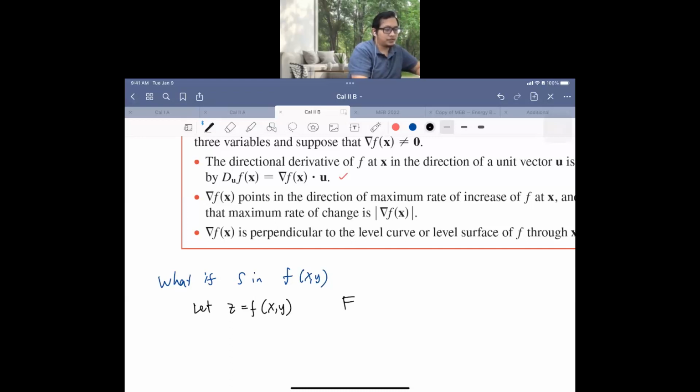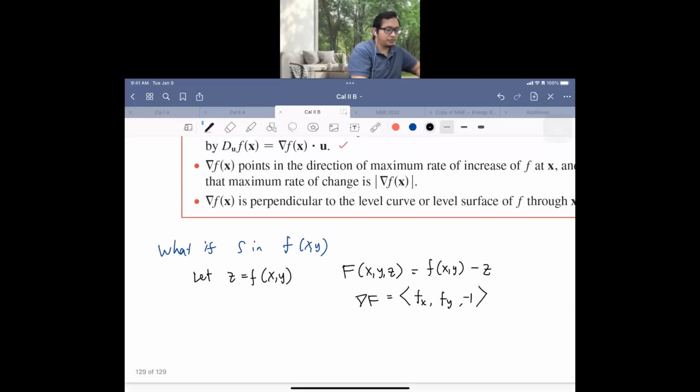Then our F(x, y, z) will be, we can write as f(x, y) minus z. So the gradient vector is partial x, partial y, and 1, or negative 1 because it's minus z.